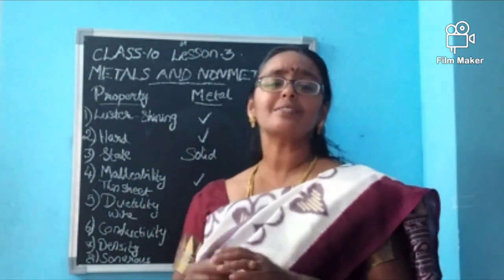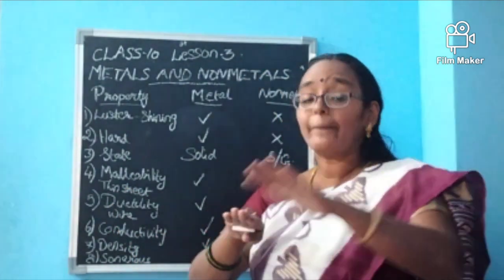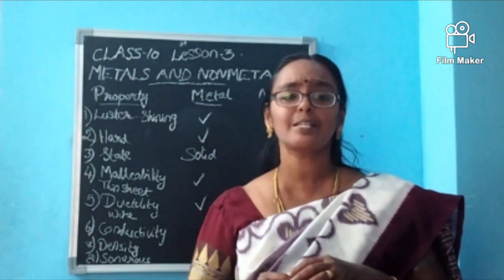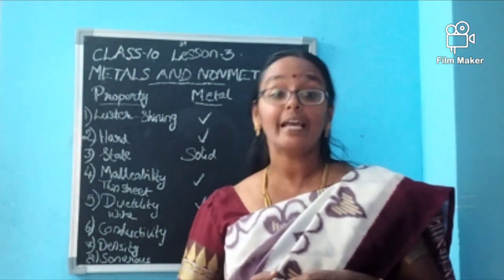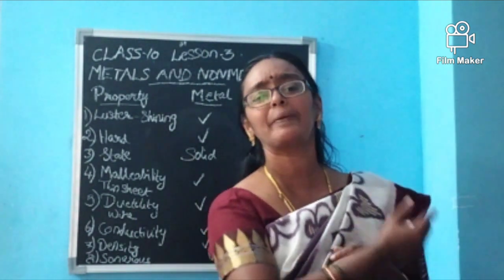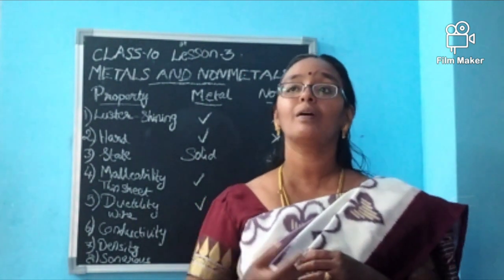Then malleability. What is malleability? We will be able to make it into a thin sheet. Is it possible for metals or non-metals? It's possible more for the metals. For example, gold is available as a thin sheet.